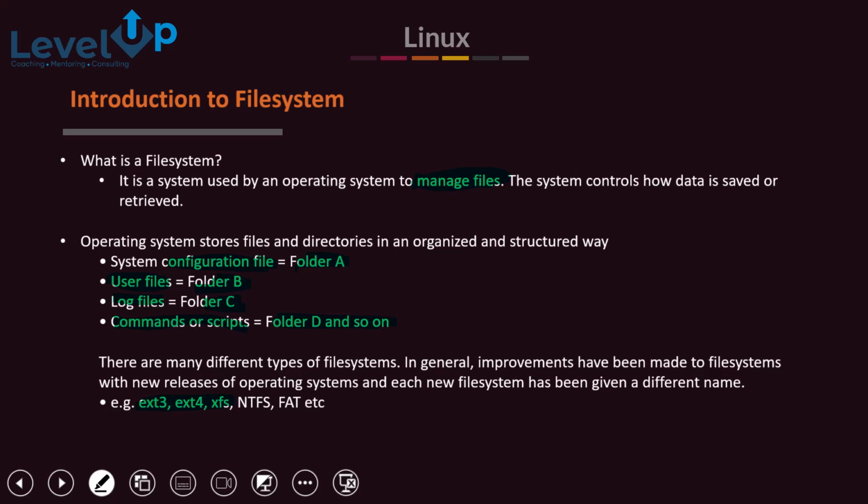Some enhancements were made and it was named ext4, and further enhancements on top of ext4 gave the next one. So these are the file system names on Linux servers. NTFS and FAT are the file system names on Windows servers. On Windows we have NTFS, FAT, and SMB.